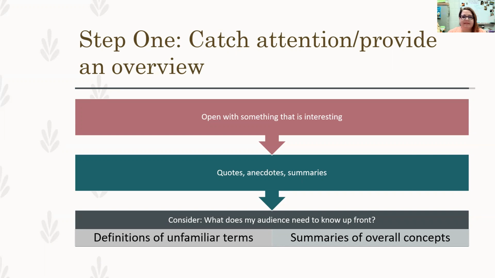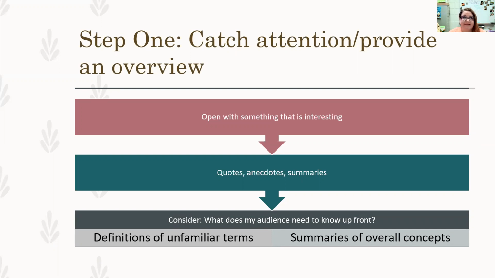So often you want to open with something that's interesting: some quotes, some anecdotes, summaries, a surprising statistic, something that your readers might find surprising, or a quote that you find interesting that sets the tone for your paper. And then also you want to think, are there any terms that my audience needs to know up front, or a quick summary of an overall concept before they're ready to read the bulk of my paper?